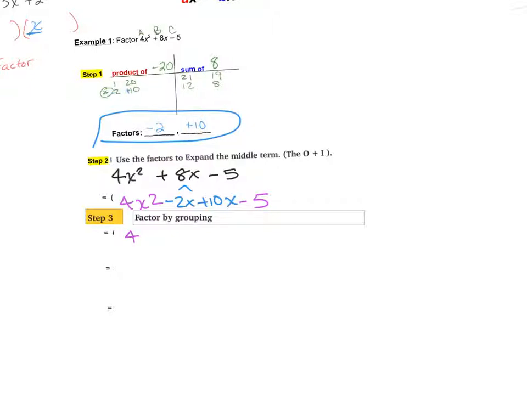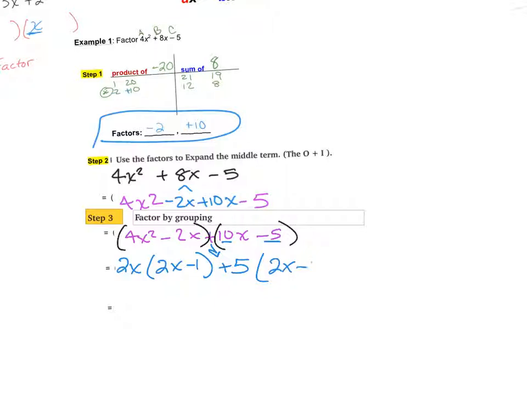So if I had the 4x squared minus 2x plus 10x minus 5, I'm going to group the front two, group the back two, and factor. The GCF of the first is 2x. I'm left with 2x minus 1. GCF of 10 and negative 5 is 5. Make sure you write that positive sign there. And then you're left with 2x minus 1.